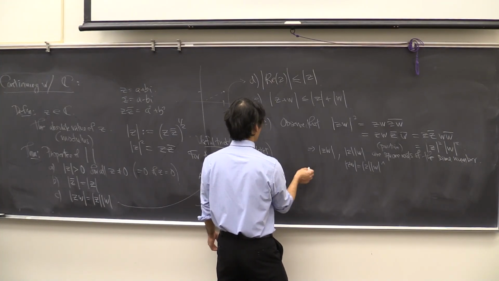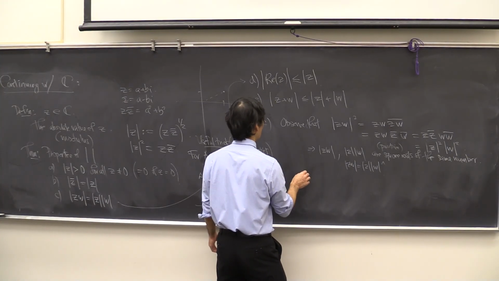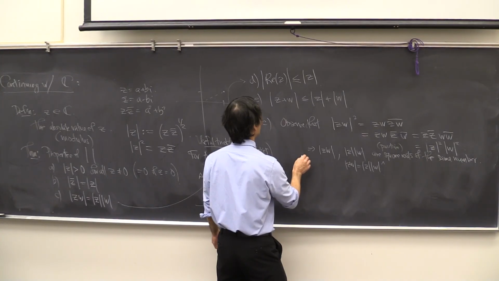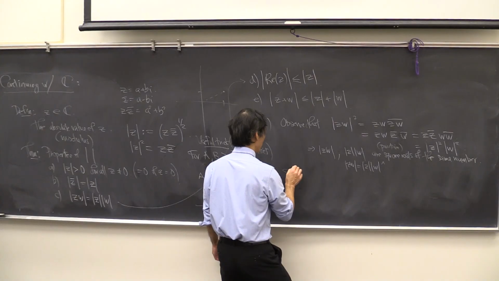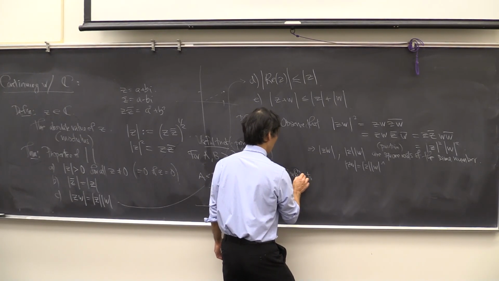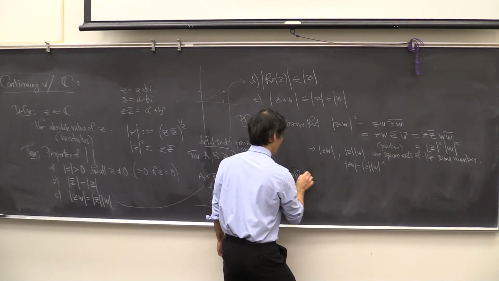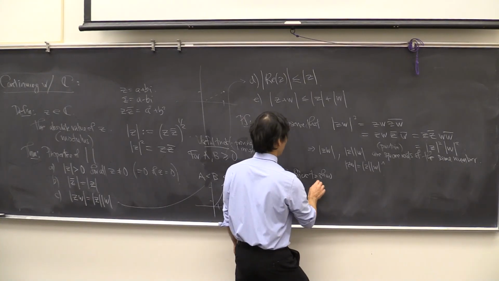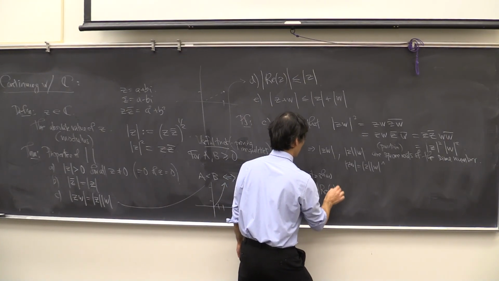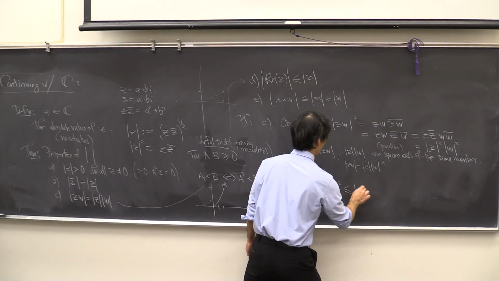So it suffices to show that the square of this guy is less than or equal to the square of that guy.